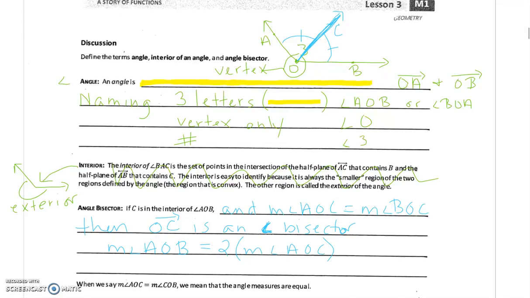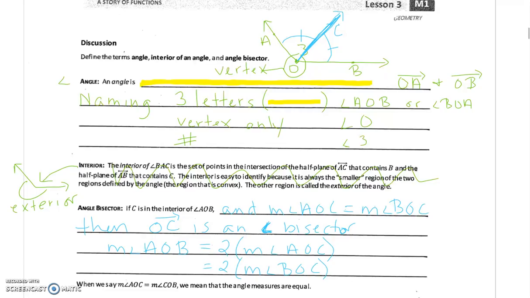All right, now take a minute, go back up to your picture, see if you agree with that statement. Angle AOB, that angle is worth 2 of angle AOC, or 2 of the other angle, BOC, or COB. Okay?